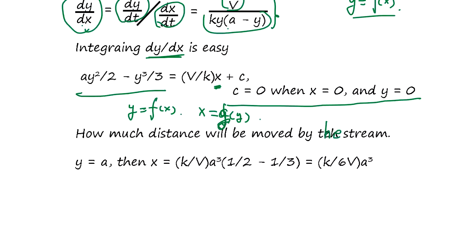The stream moved the boat, right? So when y is a, you plug in, x becomes this. So the boat is moved by this amount when it crosses.